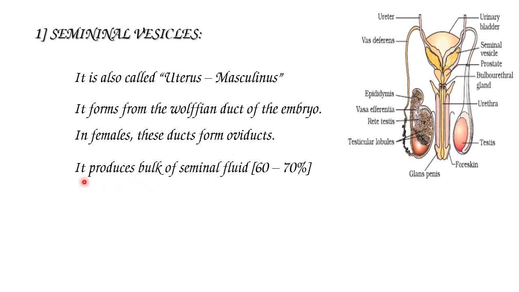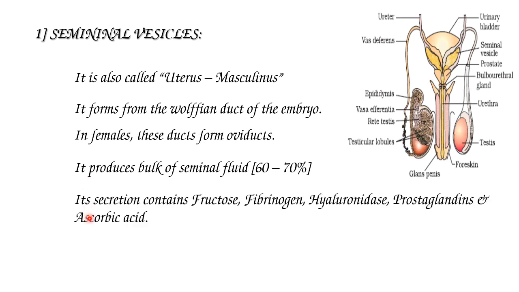Seminal vesicles produce 60 to 70% of the seminal fluid in seminal plasma. The secretions of seminal vesicles contain fructose, fibrinogen, hyaluronidase, prostaglandins, and ascorbic acid.